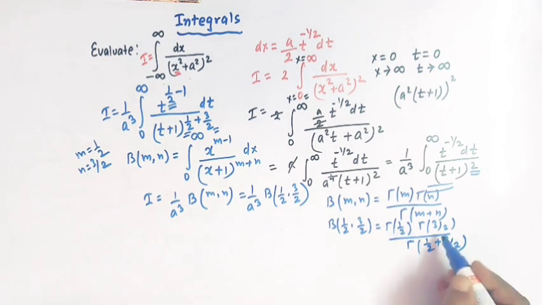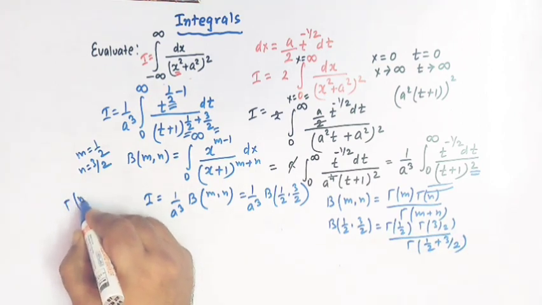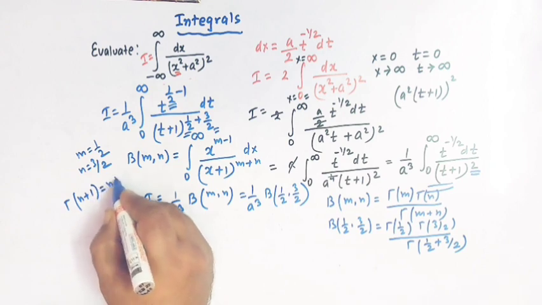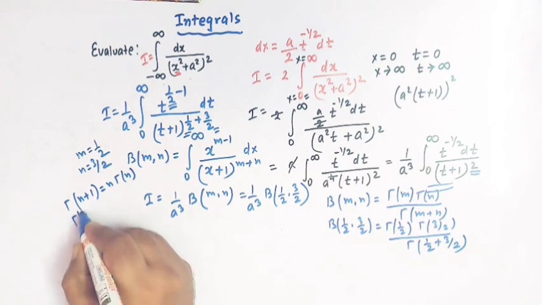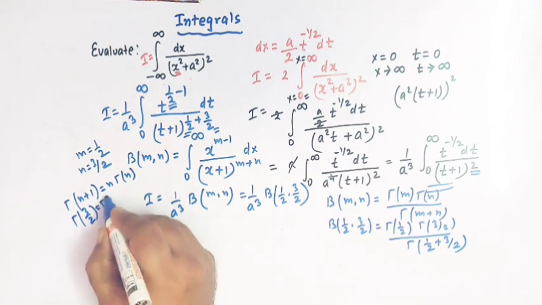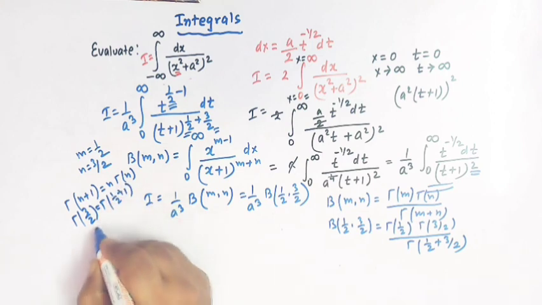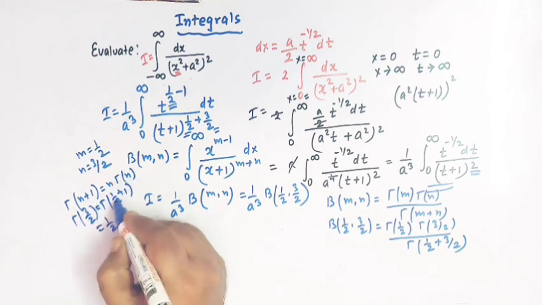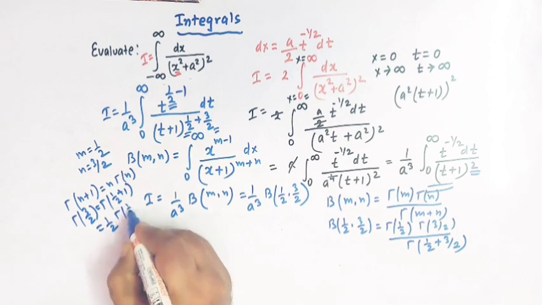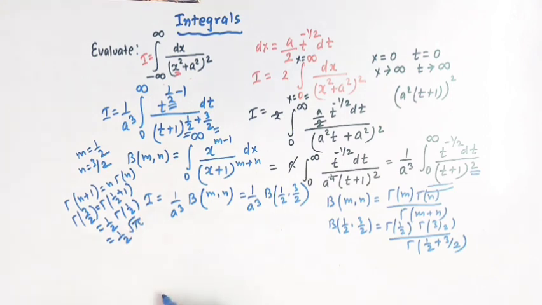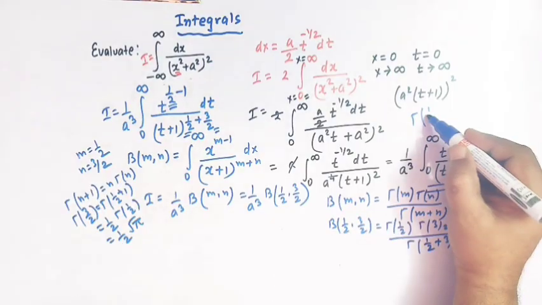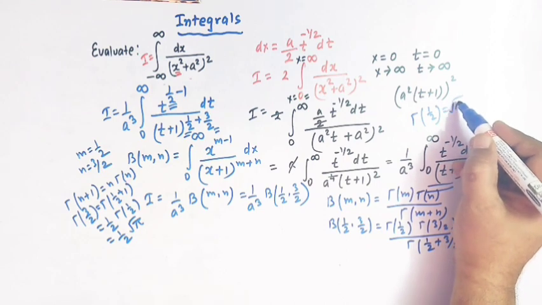Now we have one important relation in the gamma function, which says that gamma of n plus 1 is equal to n times gamma of n. So gamma of 3 by 2 can be written as gamma of half plus 1, which is half times gamma of half, and gamma of half is equal to square root of pi.